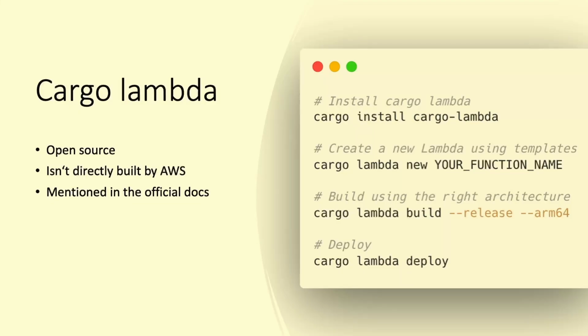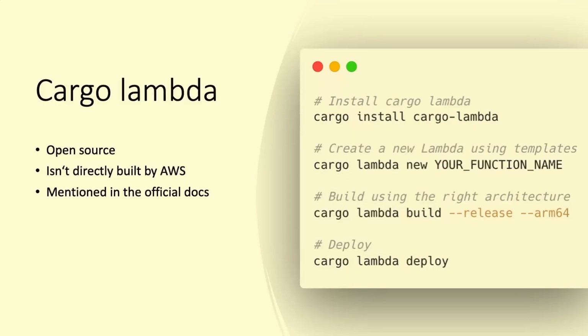It's open source, but not from AWS directly, although it's now referenced on AWS pages. If you look for Rust AWS, you will find some official documentation from AWS telling you how to use cargo-lambda to deploy your code or create your Lambdas, but it's still not officially from AWS. I think they call it closely tied to AWS, but not from AWS.